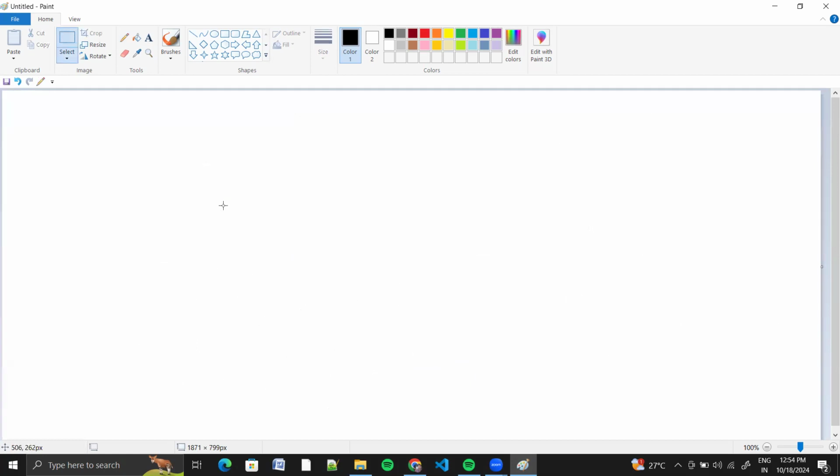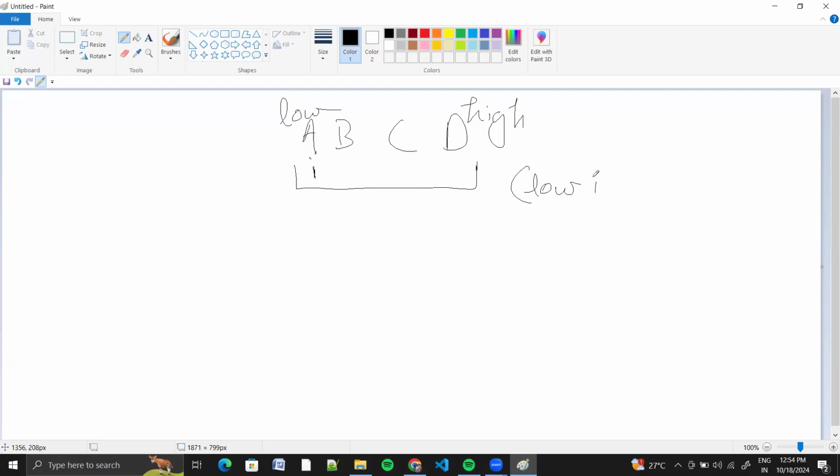The whole point here is that if we have, let's say, a b c d, we'll run a loop from base till the length, or let's say we'll run it from low till high, and at each point when i is at 0 or i is at a, we'll do low i.